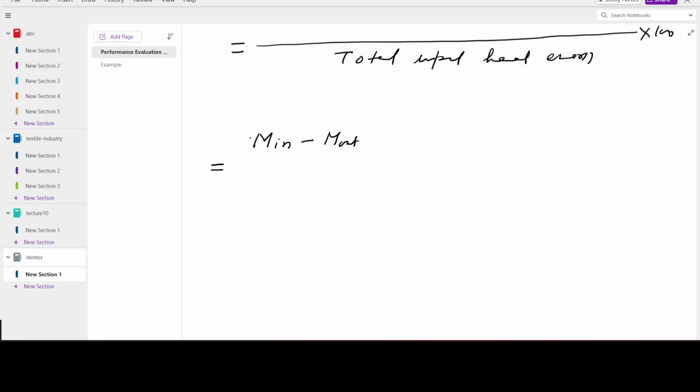That is mass of moisture. M in is mass of moisture input into the process, and m out is mass of moisture, your output mass of moisture.